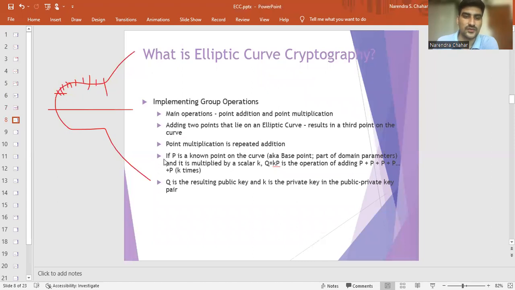P is known as the point of the curve. It is part of the domain parameters, and it is multiplied by scalar k. Q is equal to kP.